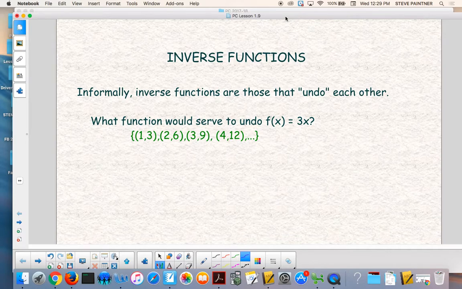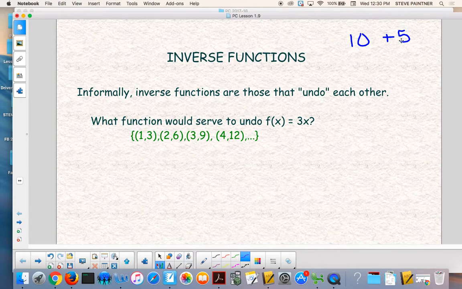Inverse functions. Informally, inverse functions are those that undo each other. If I start you with the number 10 and I say I'm going to add 5 to 10, now I'm at 15.